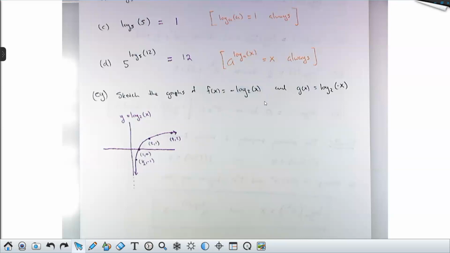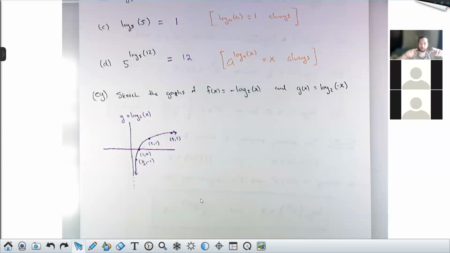Flip it over the y-axis. Almost. It is a flip of some sort. Here we're multiplying on the outside, so that's going to be a vertical flip, a flip over the x-axis. If I'm going to flip this thing vertically, that means we're going to flip it about the horizontal axis.